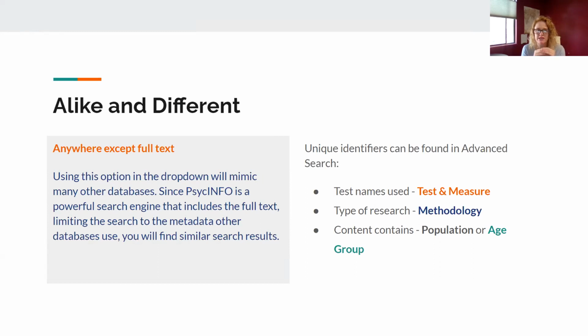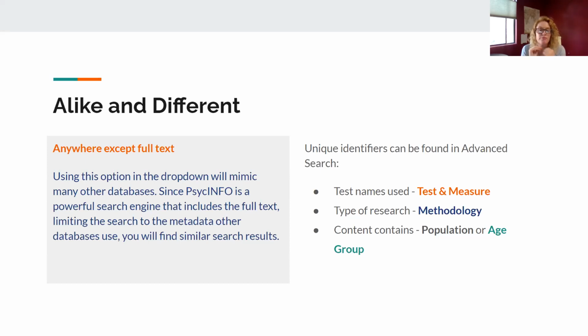So if you're trying to make this search in this database similar to other databases, you need to go to the drop down and select anywhere but full text, so it only searches the metadata. The metadata is essentially the subject terms, the abstract, the journal it's in, the author, and the title. So it's kind of like the top heavy parts.